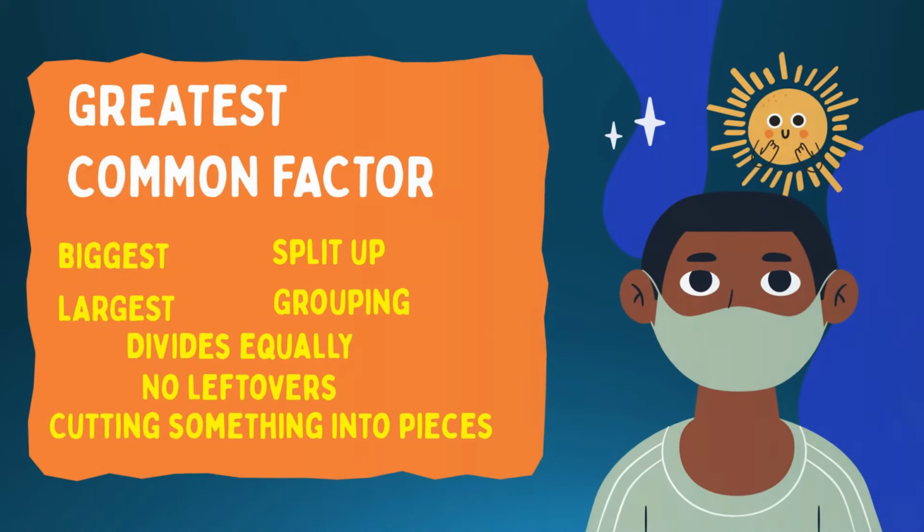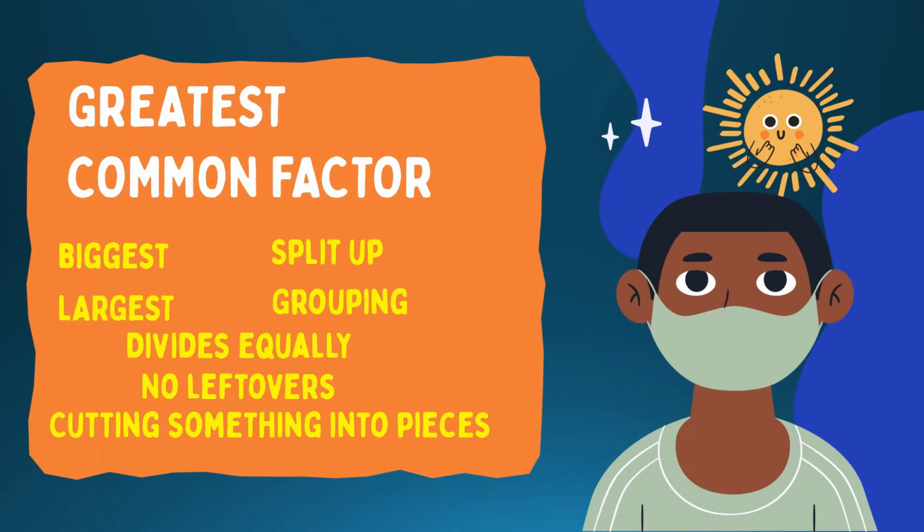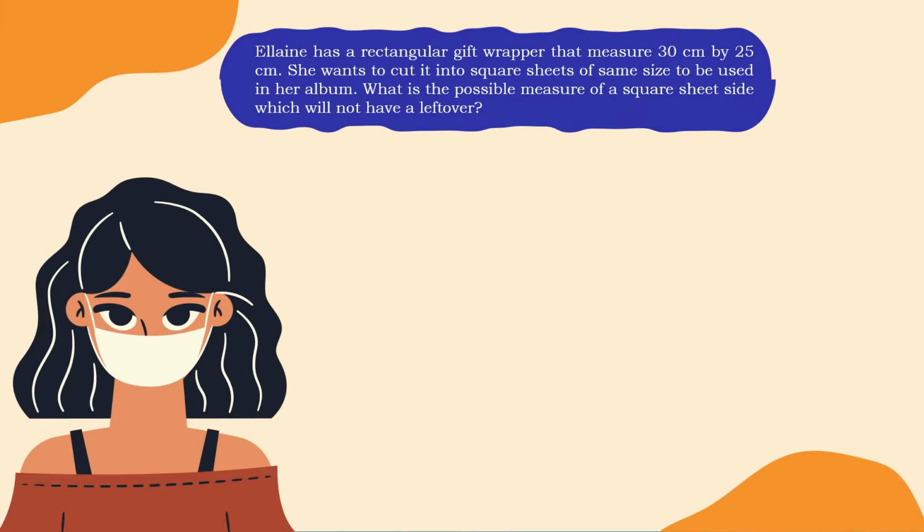For word problems involving greatest common factor, the word clues are biggest, largest, split up, groupings, divides equally, cutting something into pieces, or no leftovers. So let us have an example.